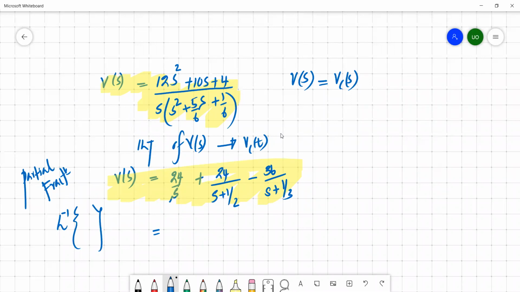So what about 24 over s? You can simply say that this is like 24 ut. What about 24 over s plus half? This becomes 24 e to the power minus t by 2. And 36 e to the power minus t over 3.